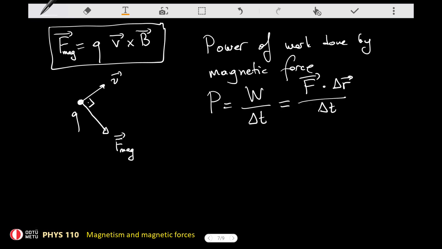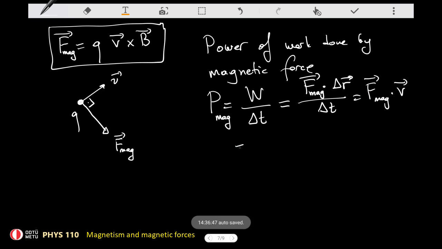All right, let's remember, I'm just considering only the magnetic force in here. So that's the power of the work done by the magnetic force. Let's remember that this is just the velocity. This is the instantaneous power.